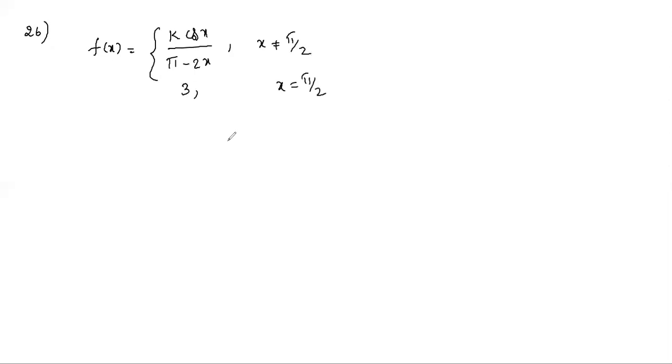Here, given that the function is continuous, you have to find the value of k. So f of x equals k cos x by pi minus 2x for x not equal to pi by 2, and 3 for x equals pi by 2. At x equals pi by 2, it is continuous. Then what is the value of k?